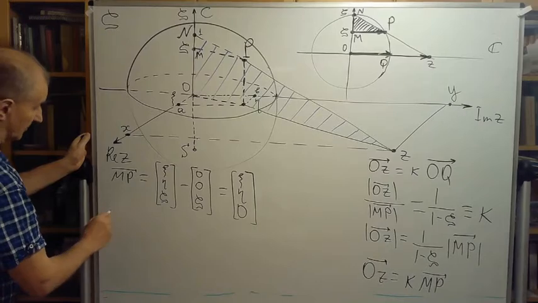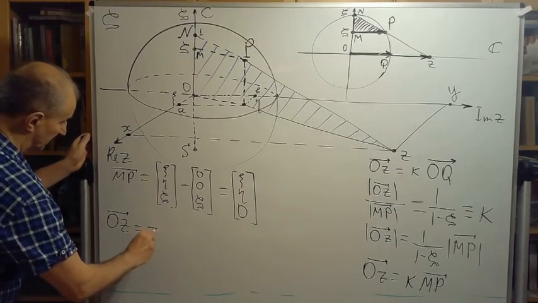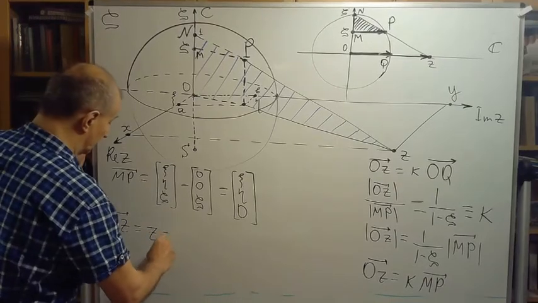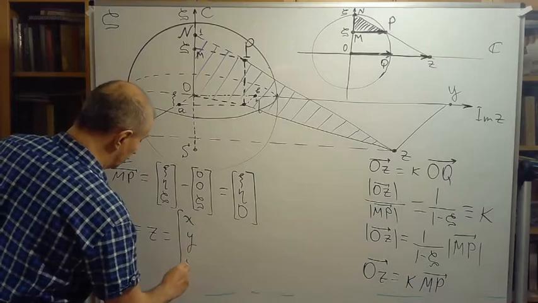So vector OZ, or we can just say it is number Z, which has coordinates x, y, 0.